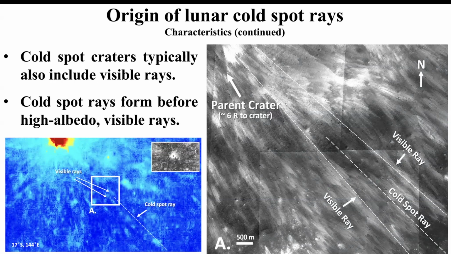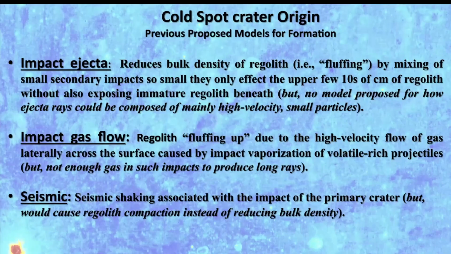Cold spot rays don't persist for a long time, and cold spot rays form before high albedo visible rays. This is the figure I was thinking of, in the colored version, where we see a visible crater ray and then the cold spot ray extending well beyond that. So with that kind of extension, what does that imply? It implies some pretty good energy behind the generation of these.